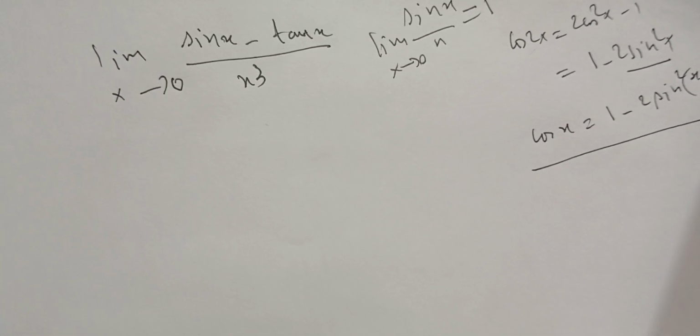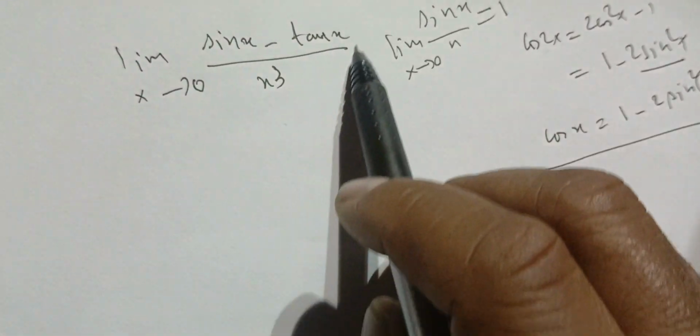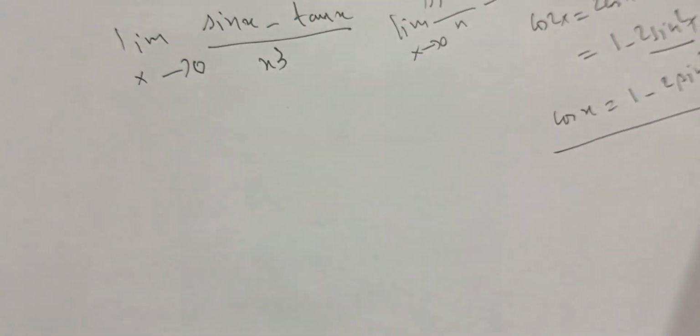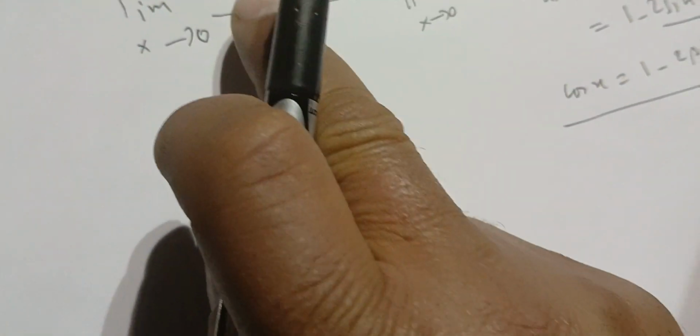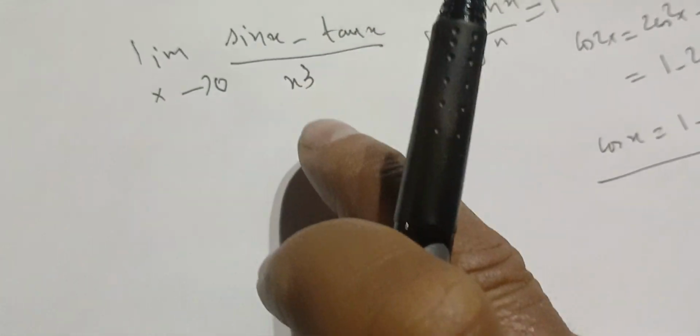Okay, let's jump to the solution now. Let's write this formula in a different form. Before we take the limit, let's try to simplify sine x minus tangent x over x cubed.